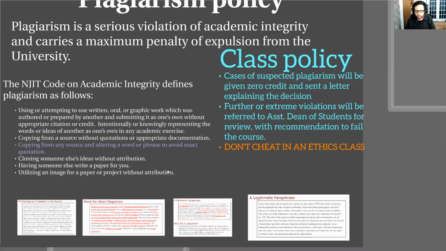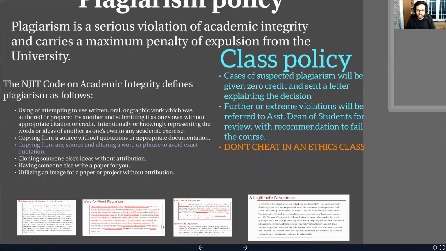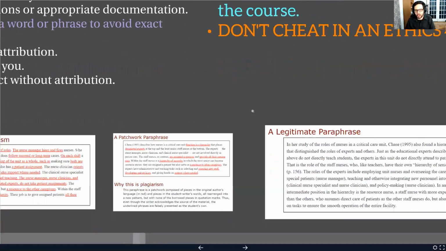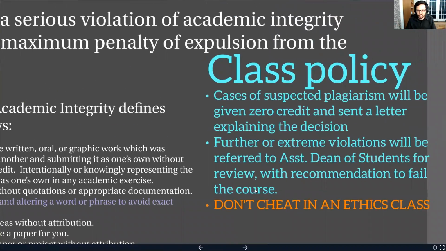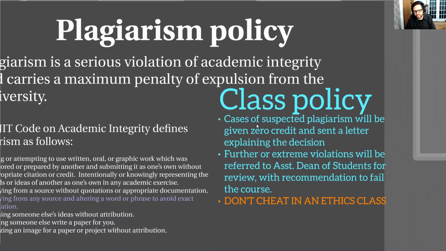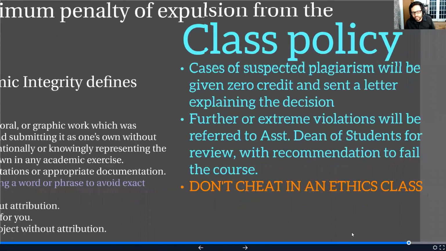Repeated instances of plagiarism, repeated instances of cheating will not be tolerated. 0 credit on the assignment for innocent mistakes about exactly what counts as paraphrasing. I know you're not all English majors. So 0 credit, that's the penalty. You can still pass the class once doing this, but if it happens again, or if I'm seeing extreme cases, it'll go to the Dean of Students with a recommendation to fail the course, and then you have to take it again. This is an ethics class.